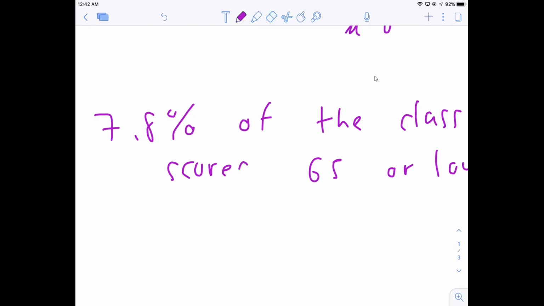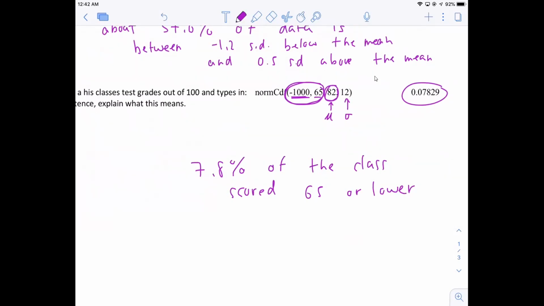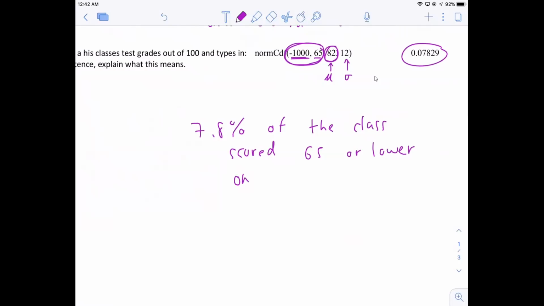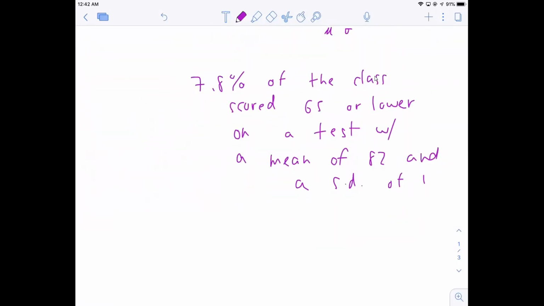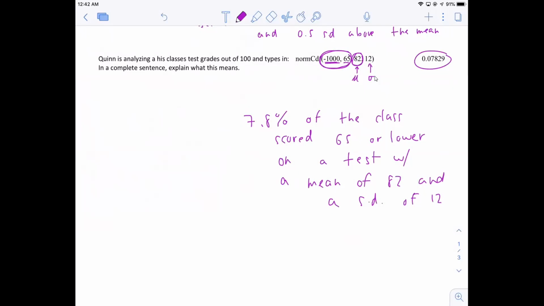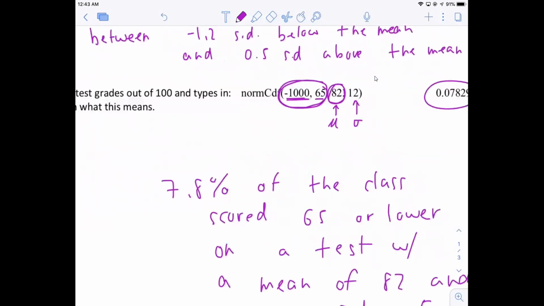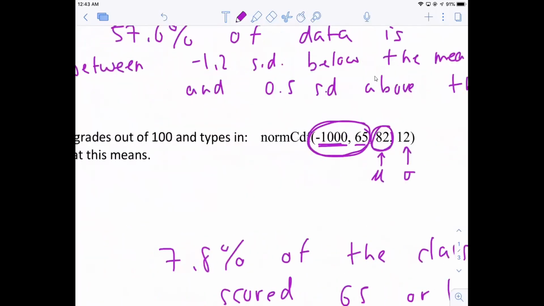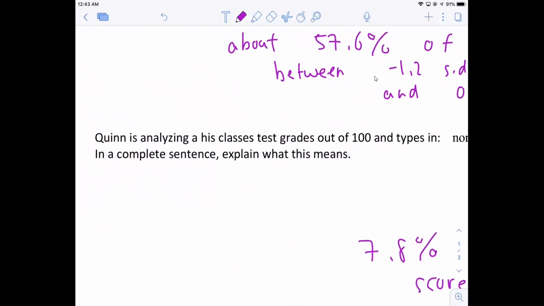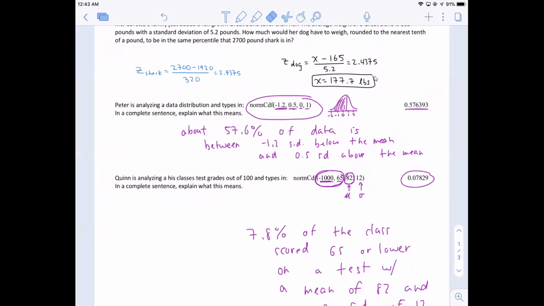So 7.8% of the class scored 65 or lower on a test with a mean of 82 and a standard deviation of 12. And it makes sense to use the population, it makes sense that these are population means and population standard deviations, because if he's analyzing all of the test grades out of the entire class, well, that is the entire population.